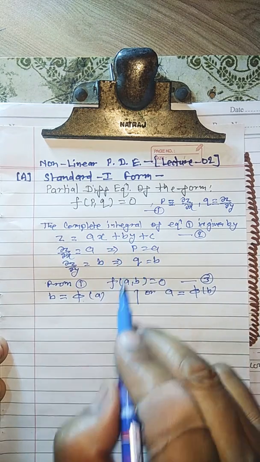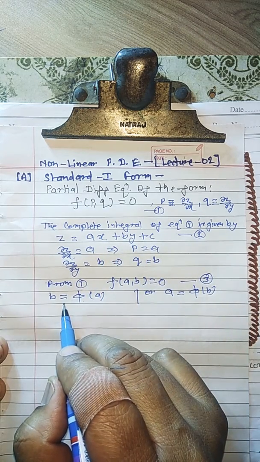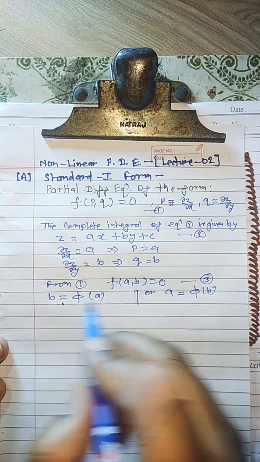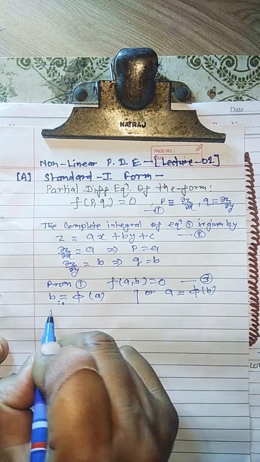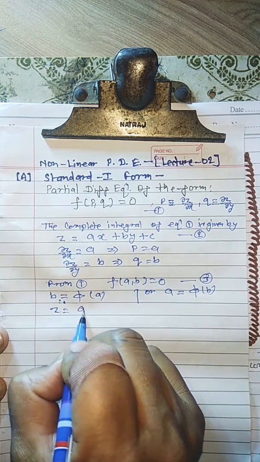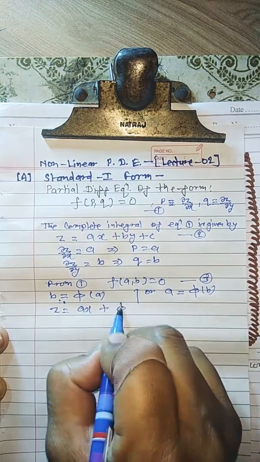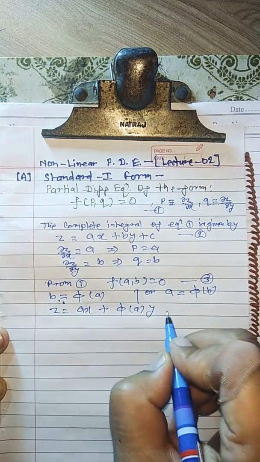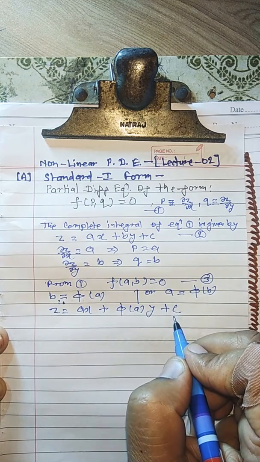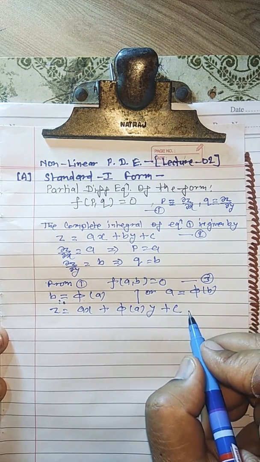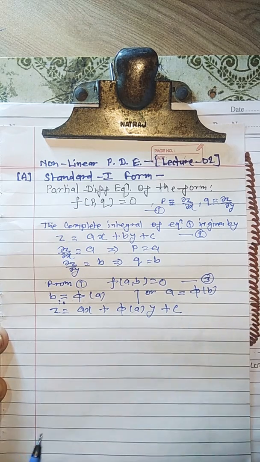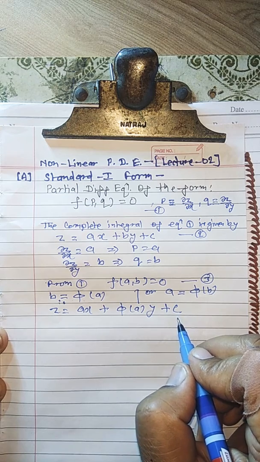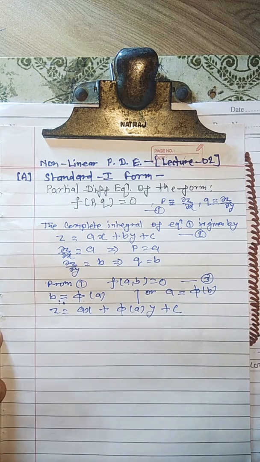And from equation 2, when we put this value of b, suppose we have b = phi(a), we get z = ax + phi(a)y + c, which is the required complete integral of equation 1. Now next we find the general integral.